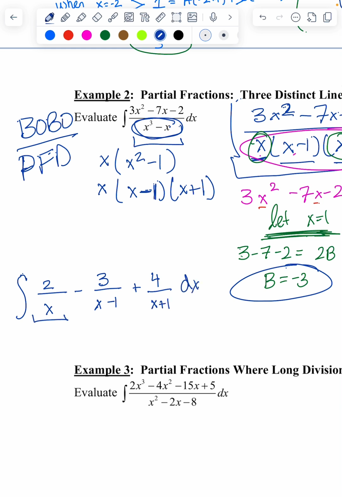And remember, once you break these up, you can integrate each one individually. So I'm just going to take out a 2, and this is going to be ln of x, minus, I'm going to take out a 3, ln of x minus 1. And I'm going to take out a 4 ln of x plus 1.